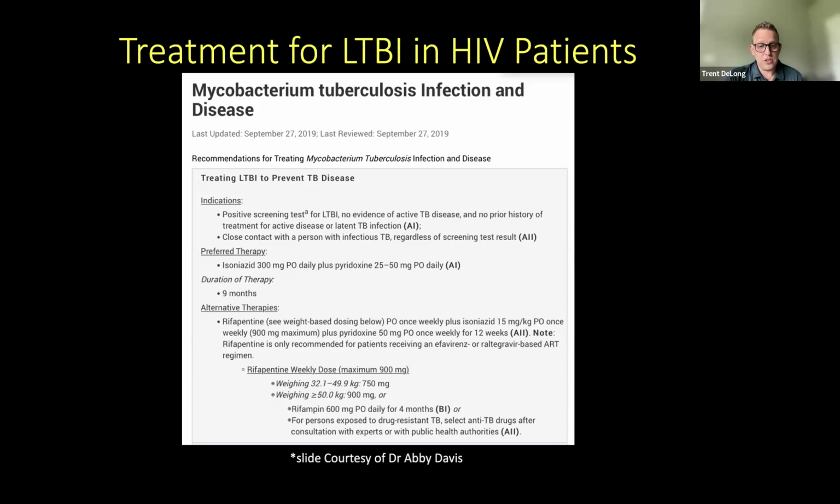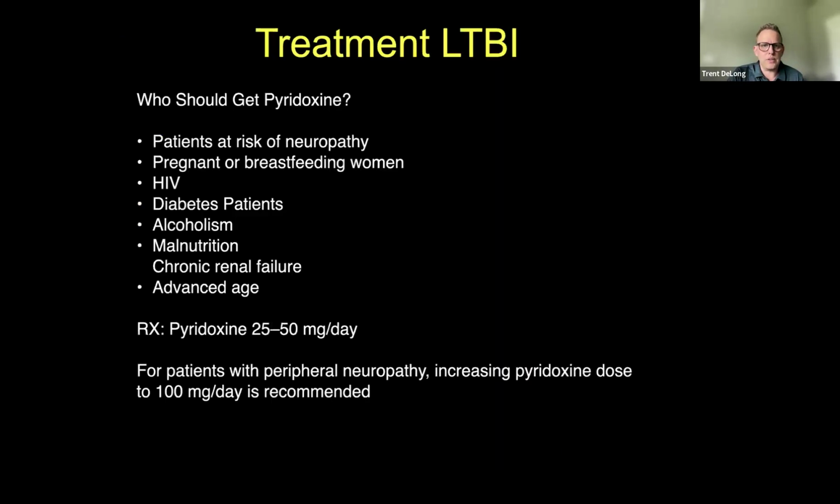These are indications to treat in the setting of an HIV patient. The preferred therapy is isoniazid, 300 milligrams PO daily plus pyridoxine as well. The duration of therapy is 9 months. Here are some alternative therapies that you can reference on your own time.